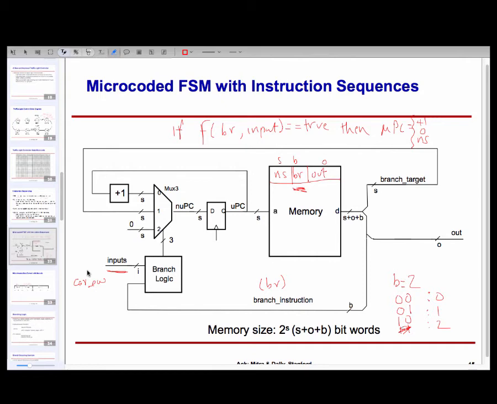So it's like an AND. Well, there will be some logic out here. And if car east west is high, then I want branch logic to select the first input because I want to move to the next guy. So what I've done is I put part of the burden on the branch logic now. The branch logic has to be intelligent to take into account what the inputs are doing together with these branch instructions.